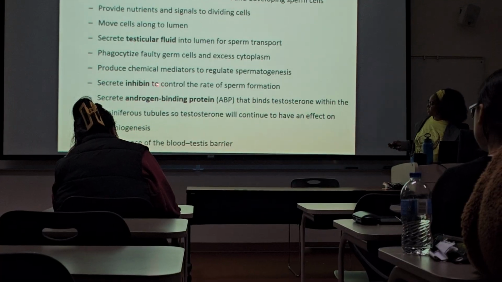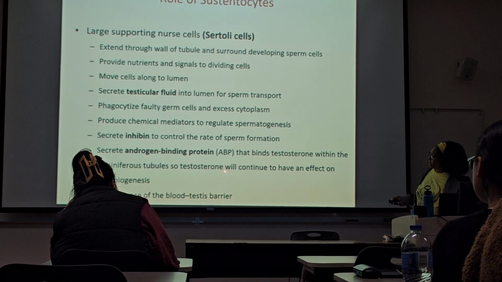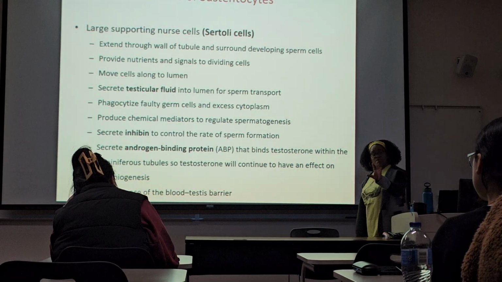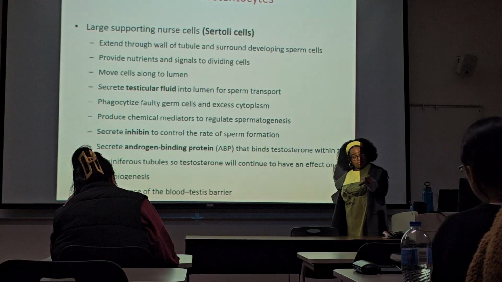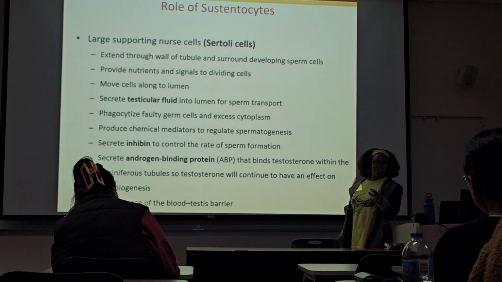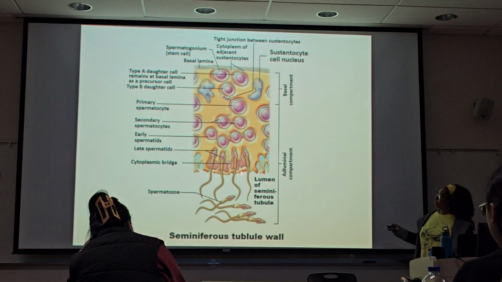They secrete particular proteins, okay, that help with testosterone. Testosterone is secreted here in the seminiferous tubules. Testosterone is what triggers spermiogenesis, the process of sperm being made in the seminiferous tubules.